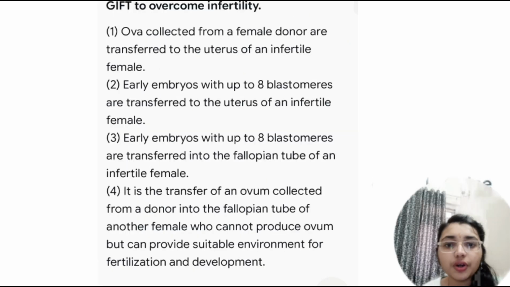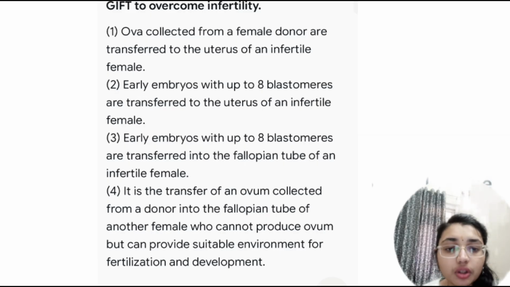Here you have to choose the correct statement regarding GIFT to overcome infertility. The first option is ova collected from the female donor and transferred to the uterus of an infertile female. This is wrong. Early embryos with up to 8 blastomeres are transferred to the uterus of an infertile female. This is also wrong.